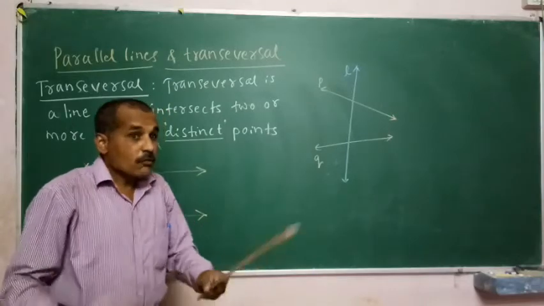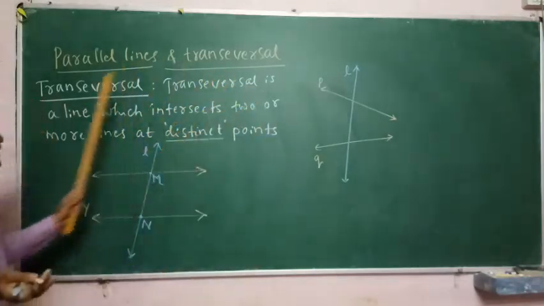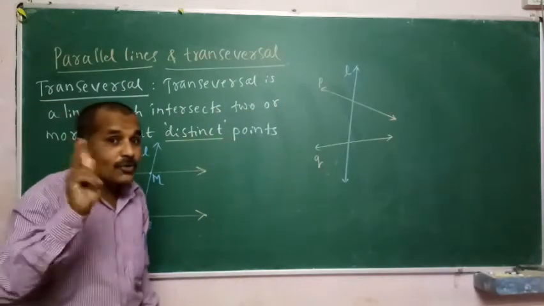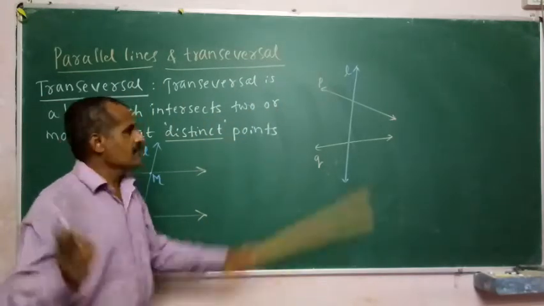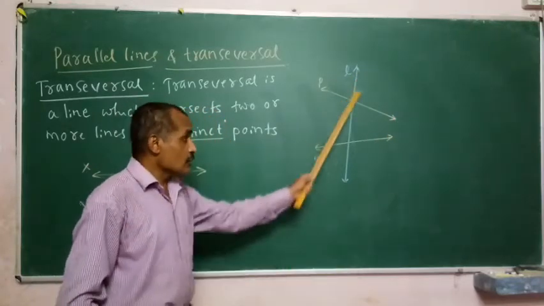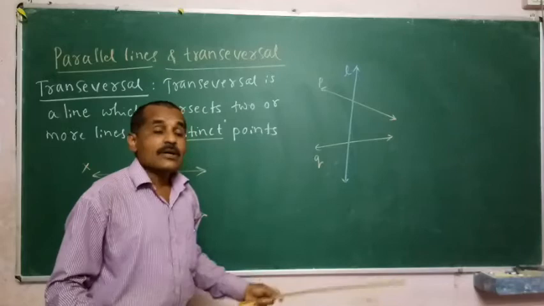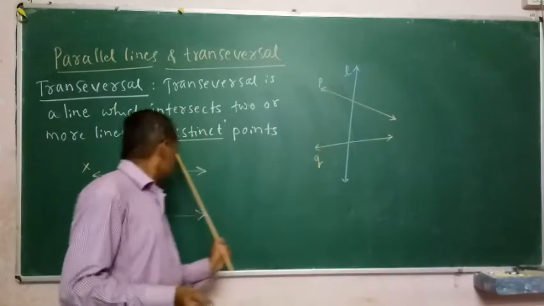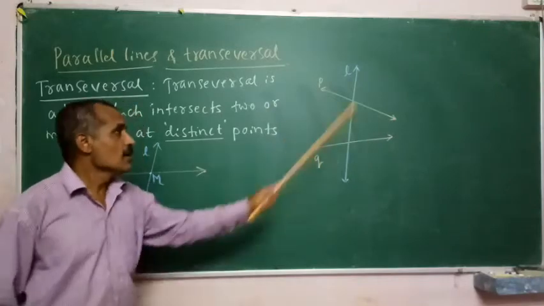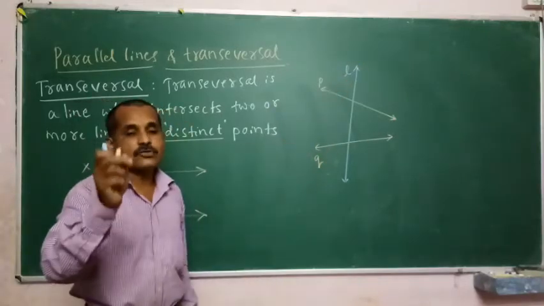Because my statement is, a transversal is a line which intersects two or more lines. They have not said two or more parallel lines. It must be straight lines, that's all. So one thing I want to tell you: the question of a transversal comes whether the lines are parallel or not parallel. In both cases, we can call this a transversal.